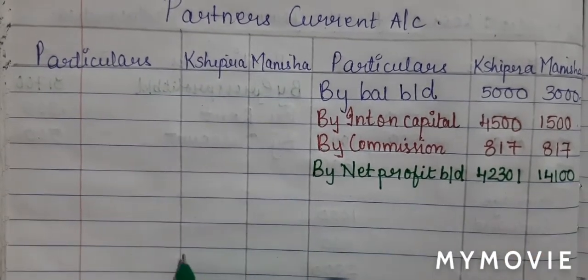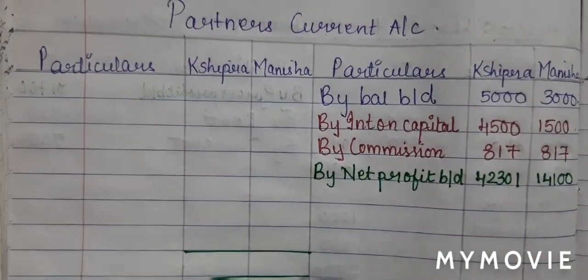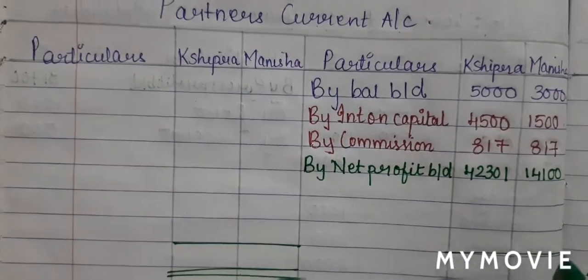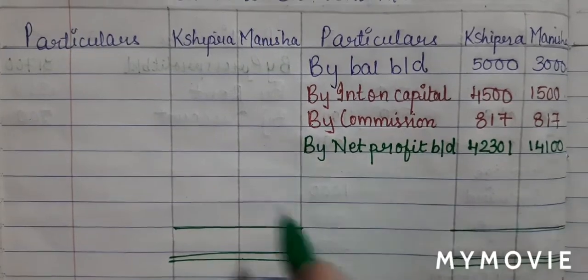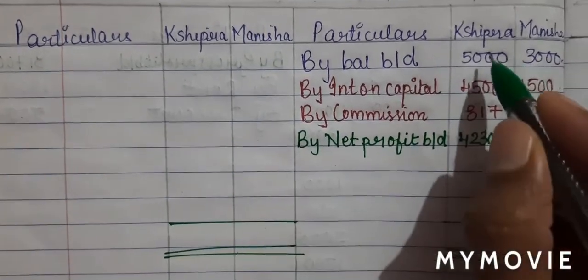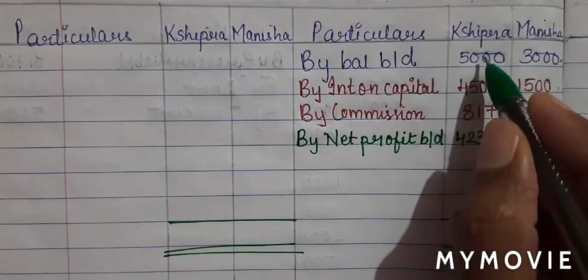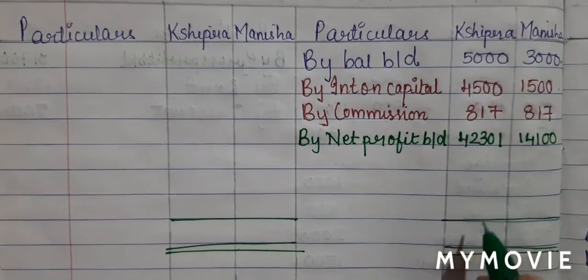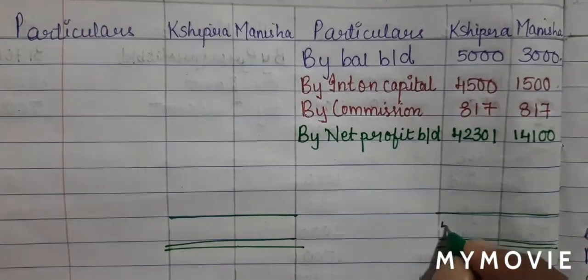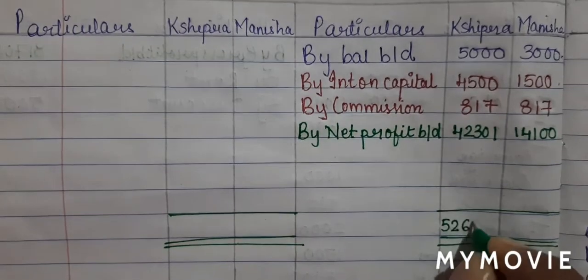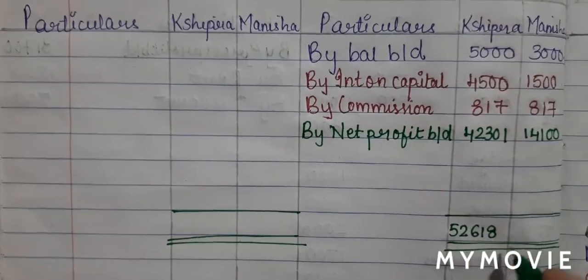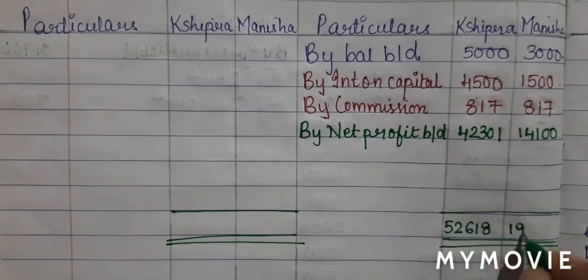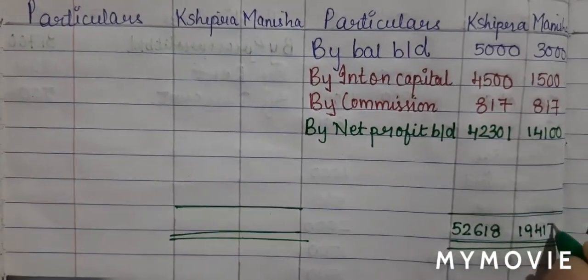Now in the same way, we will close our partner's current account. If you look at the current account, we only have the credit balances. There is no debit balance. So we will total the amount on the credit side. Credit side of Shipra's amount comes to 52,618. And when we total Manisha's column, we get a total of 19,417.